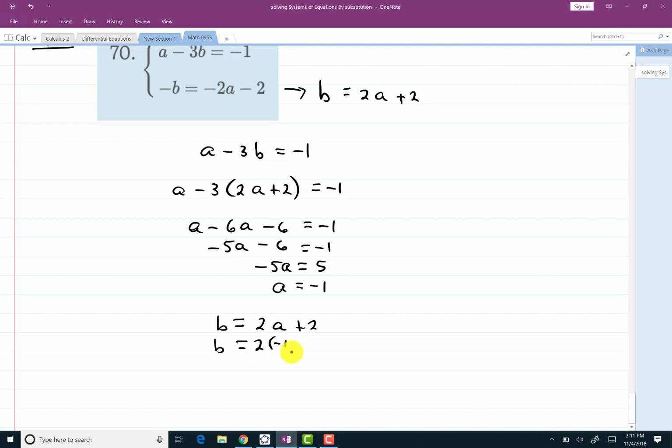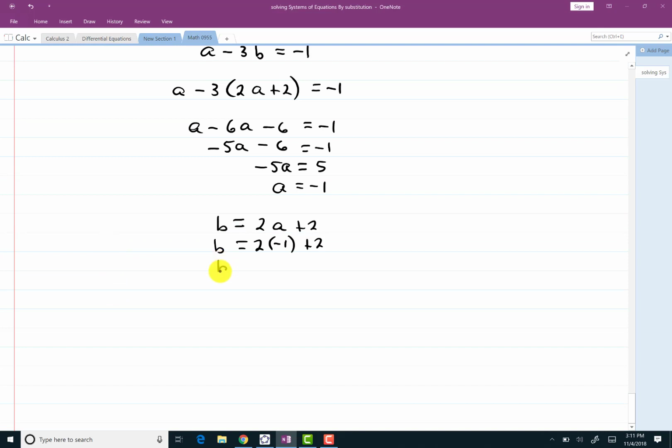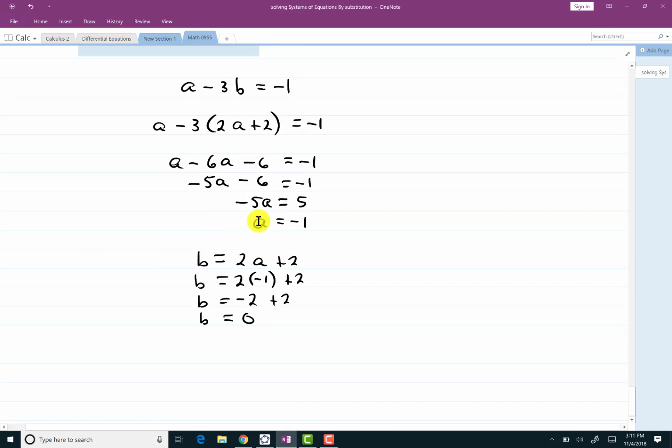Replace a with -1. And it looks like b equals -2 plus 2, which equals 0. So the a and the b are supposed to be like x and y. Not really a big deal, but my answer here is (-1, 0). Another good one for graphing.